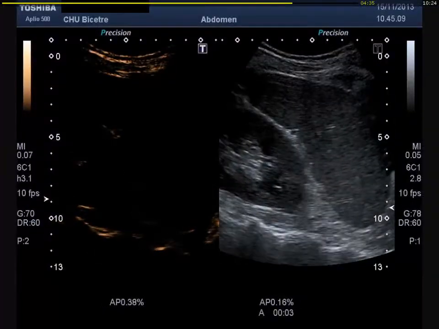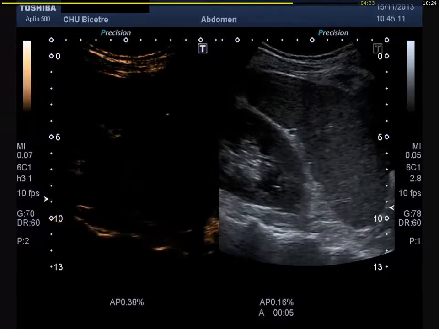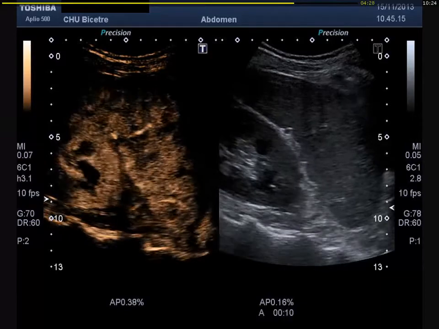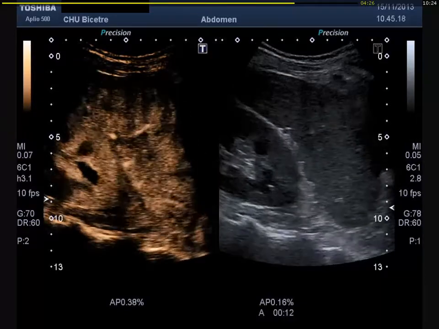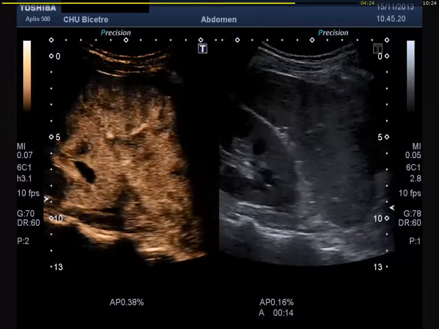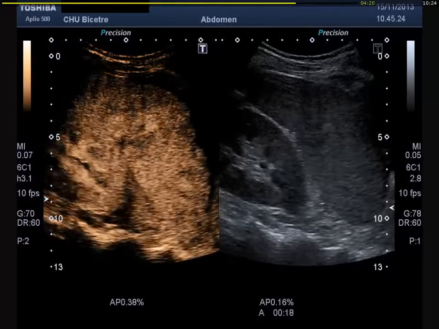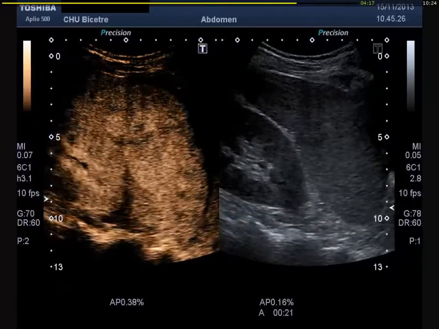In a patient, it's a little bit more difficult, and you have less nice images, but you can see that we clearly have a visualization of microcirculation, and we can assess this.